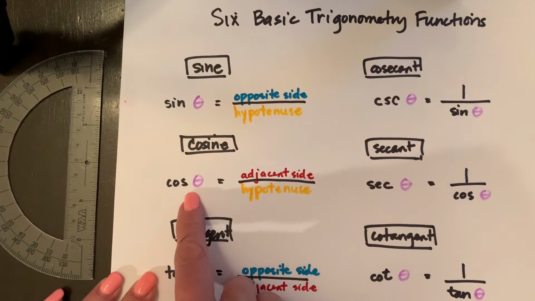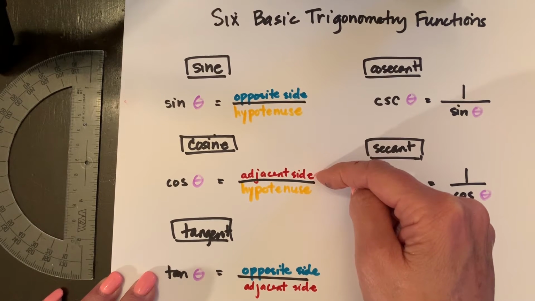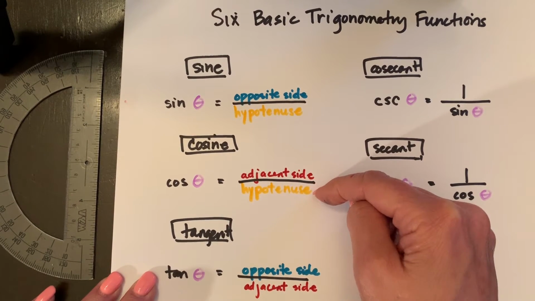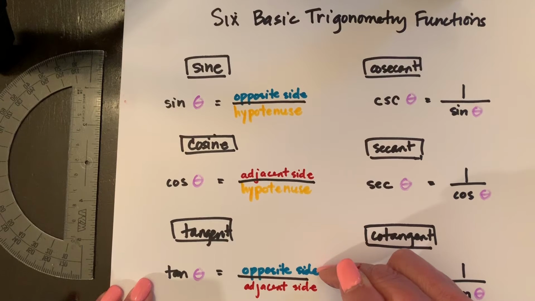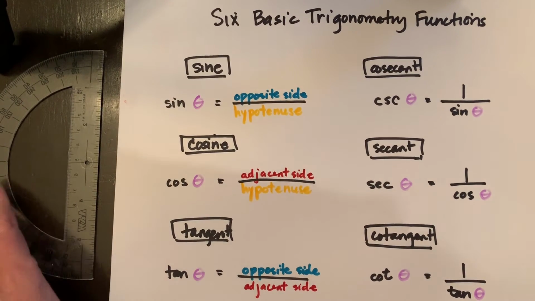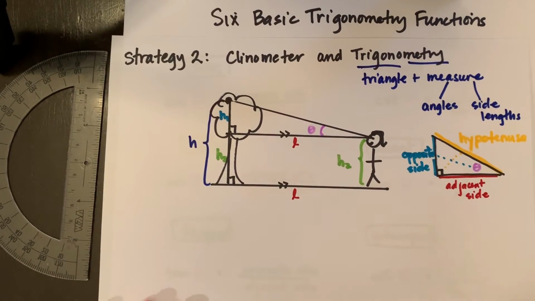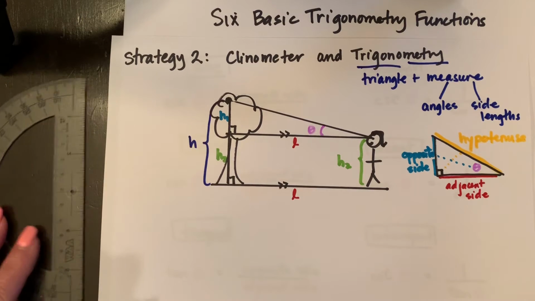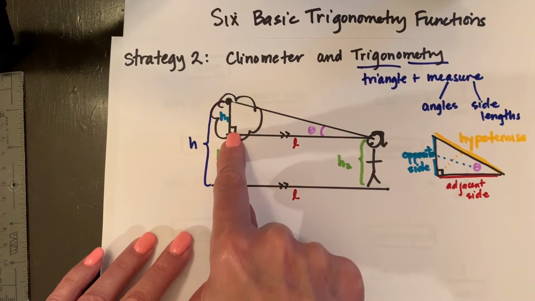Same thing with the cosine. If I input an angle measure, the output would be the ratio of the length of the adjacent side over the length of the hypotenuse. And same thing with the tangent. Input the angle measure, and it will output the ratio of the length of the opposite side over the length of the adjacent side. So, looking at our situation, which trig function would we want to use to determine this unknown length?